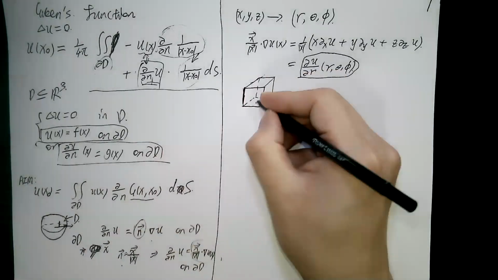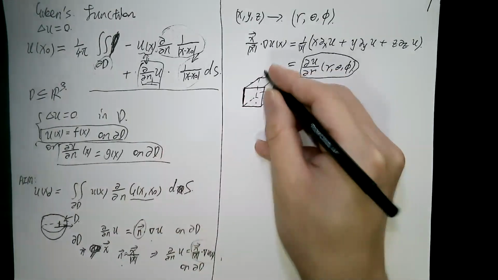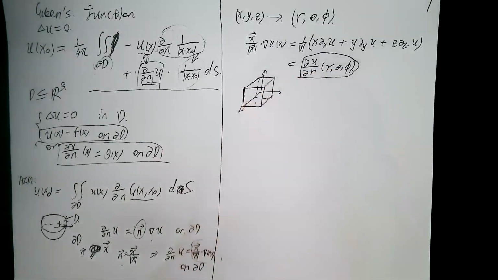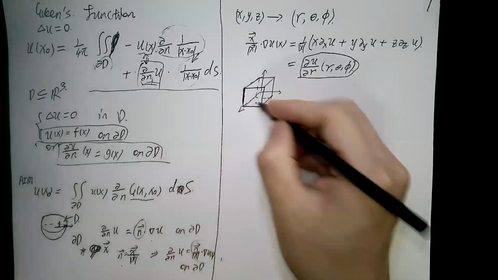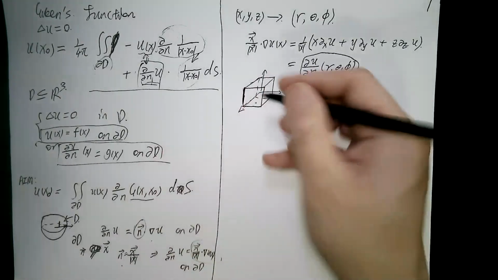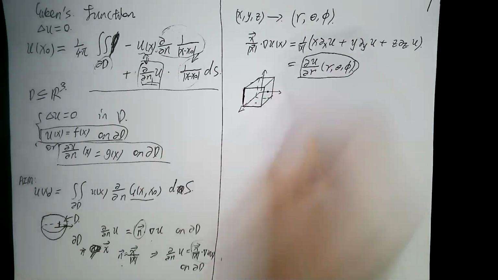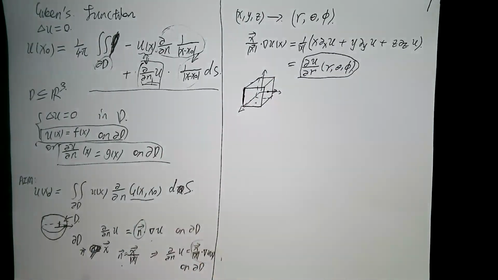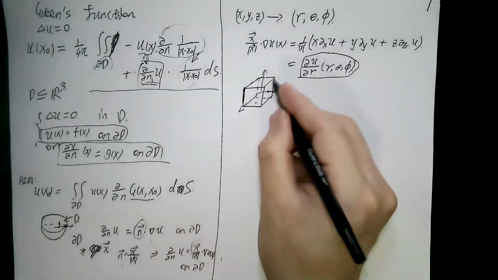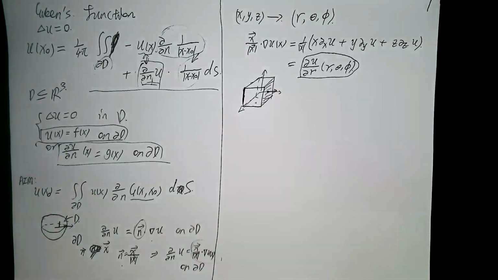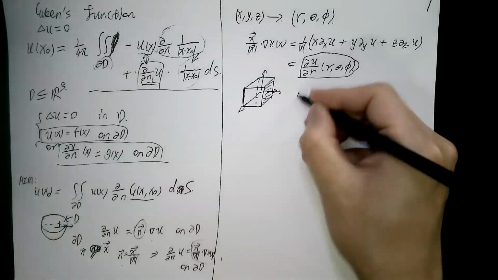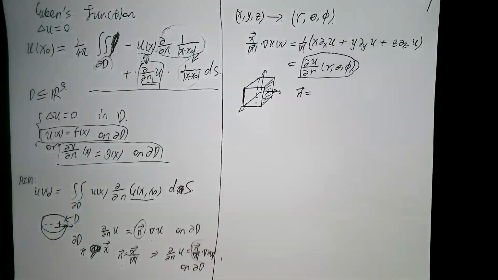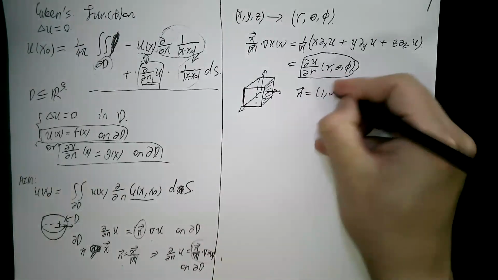For instance, let's say these are x, y, and z. What is partial n on this side? On this whole side, your n is again very simple: it equals (1, 0, 0).